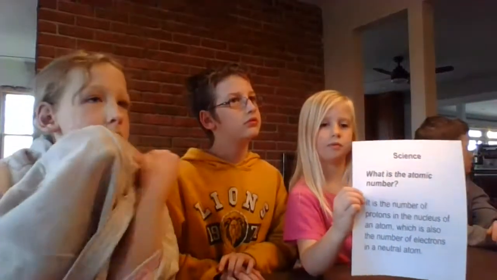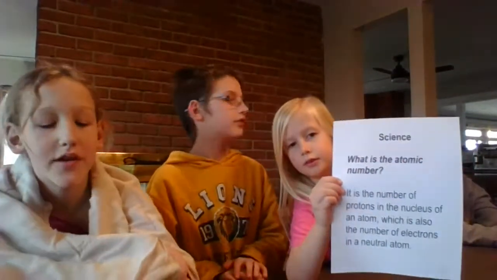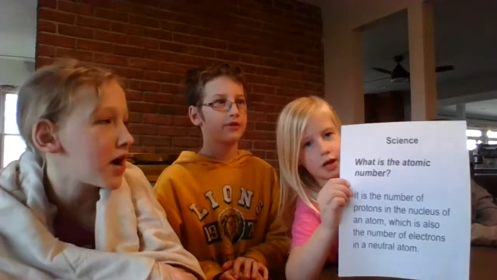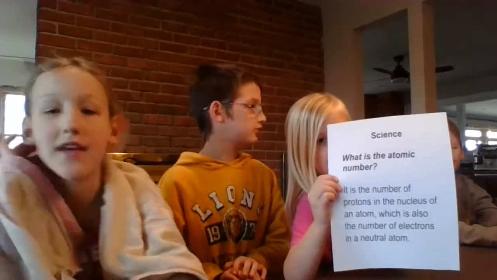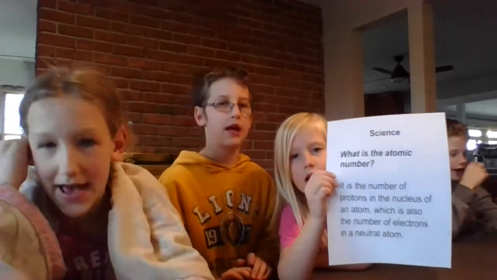What is the atomic number? What is the atomic number? The atomic number. The atomic number is the number of protons The atomic number is the number of protons in the nucleus of an atom. in the nucleus of an atom. The atomic number is the number of protons The atomic number is the number of in the protons nucleus of an atom. in the nucleus of an atom.